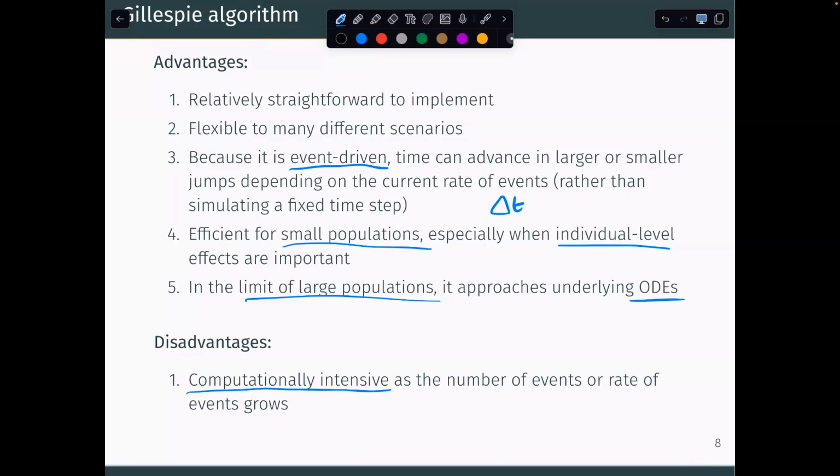That's where updating synchronously and making these jumps can be more efficient. There is another method that I'm not going to go into today called the tau leap method, which uses this Poisson process and calculates the number of events that occur in a fixed time step. That's a method that people tend to use if these populations get large. So they switch away from the Gillespie algorithm onto this tau leap method as an alternative.